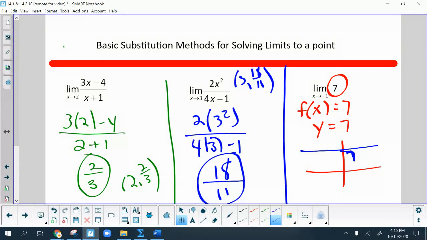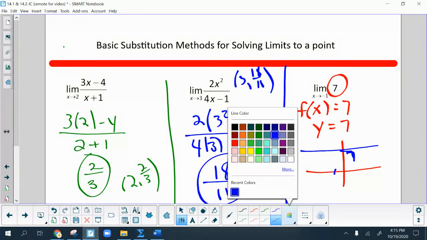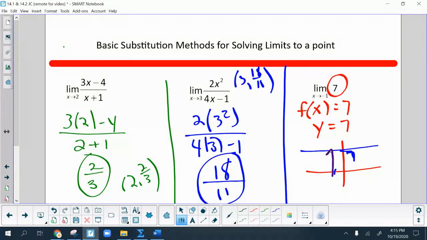So if I'm trying to find the limit going towards any x value, if I have a horizontal line, the answer will just be that value of the horizontal line. So in this case, that's 7. It wouldn't matter what number was here at the x, as x approaches, it would be that answer. So if this were like x approaches 12, you'd still have 7.